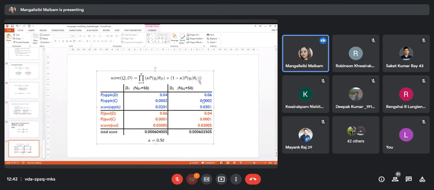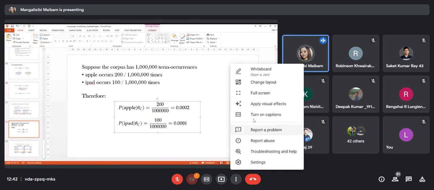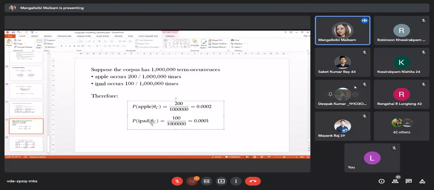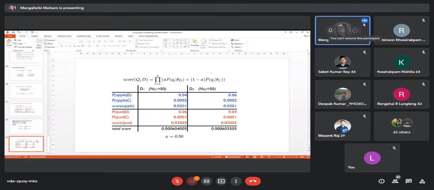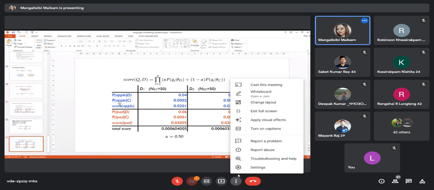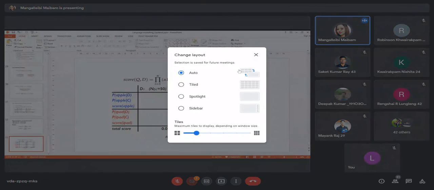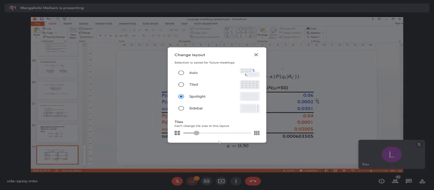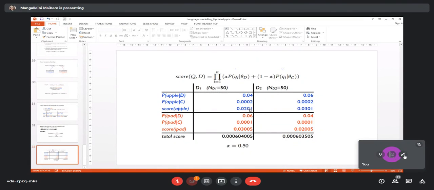For the entire collection, we get these two probability values for Apple and iPad, which will be multiplied here. For Apple in the document, it is 0.04; for Apple in the entire collection, it is 0.002. Like this, for Apple you find the scores in D1 and D2, and for iPad also in D1 and D2, and for the entire collection.